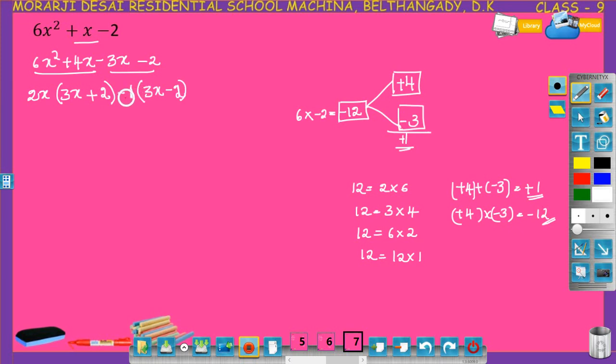Once you check, minus 1 into 3x is minus 3x. Minus 1 into minus 2 is plus 2, so you have to put plus here. Minus 1 into plus 2 is equal to minus 2. Now common factor is 3x plus 2. If I take common outside, remaining is 2x minus 1. This is about factorization of quadratic polynomials.